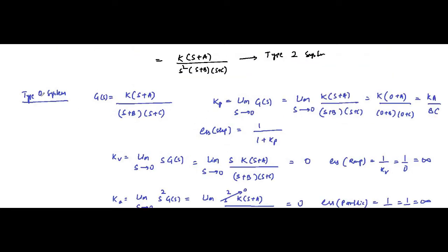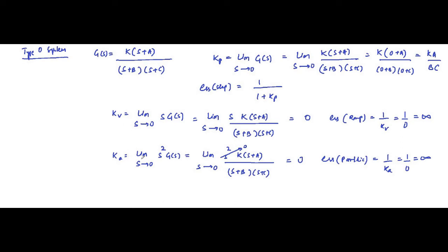So here if we try to interpret the results for a type 0 system, only for step input application we have a finite value, I mean a non-zero value, which is neither 0 nor infinity. And for the remaining, that is for ramp and parabolic, the result is infinity. Okay, so this is type 0 system.